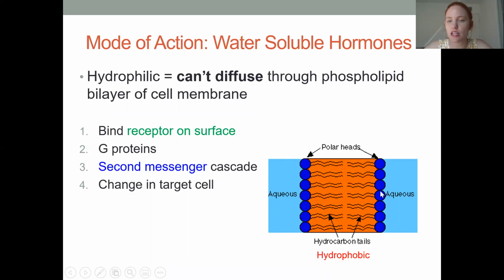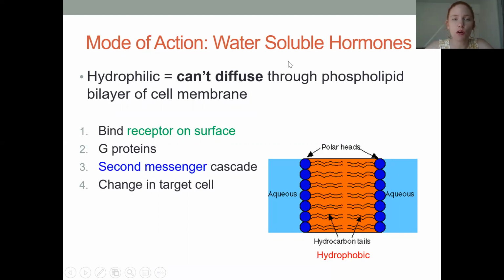And this creates a nice, thick hydrophobic core. So what types of molecules can pass through that hydrophobic core? Like dissolves like, so only the non-polar or lipid-soluble hormones can pass through.